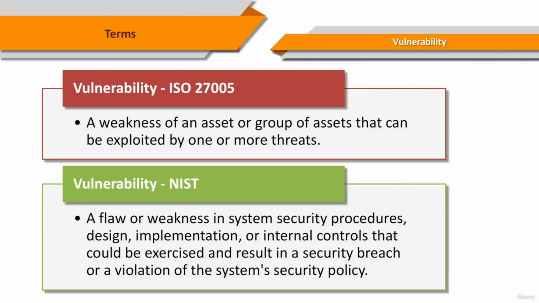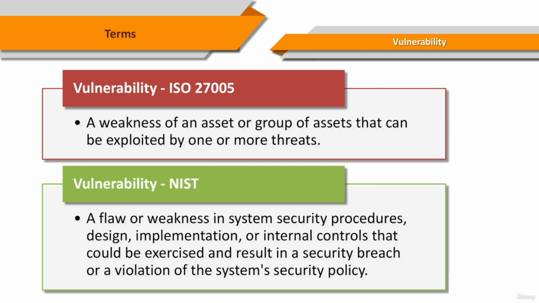So let's think about the term vulnerability first. I want to show you two vulnerability definitions from two important documents. The first document, ISO 27005, is the name of the prime 27000 series standard covering information security risk management.